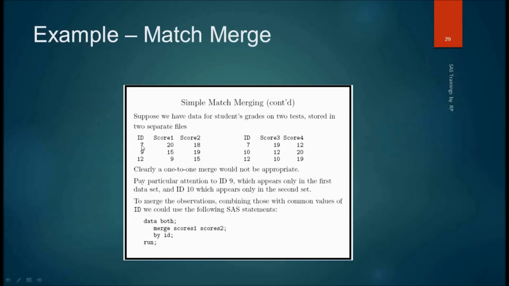The first observation record matches with the first observation in the other. But if you see the second observation, 9, it is not matching with the second observation present in the other dataset. So this is called match merging. There is no exact one-to-one correlation between the observations present in both datasets.